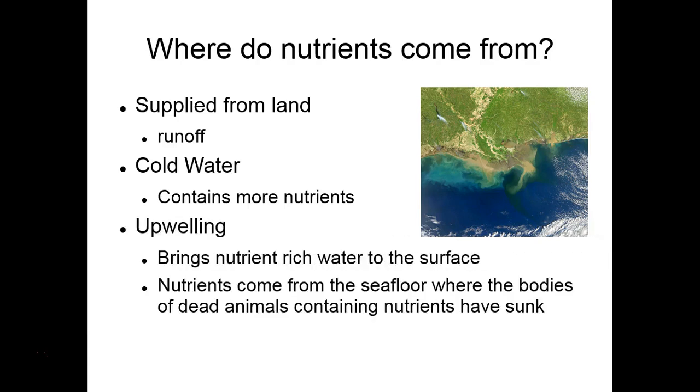And also areas of upwelling have higher nutrient concentration because upwelling brings water from deep down up to the surface. That water that's deep down is water that dead organisms have sunk down to, and their bodies have nutrients trapped in them, and therefore when that water is brought back up, it's full of nutrients as well.